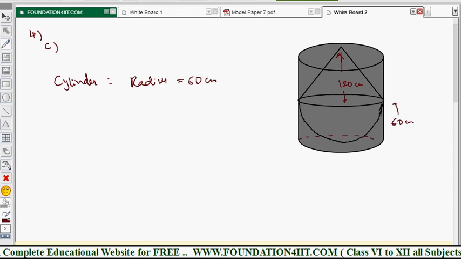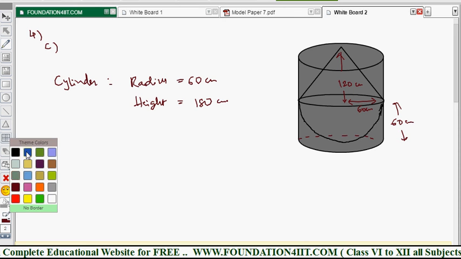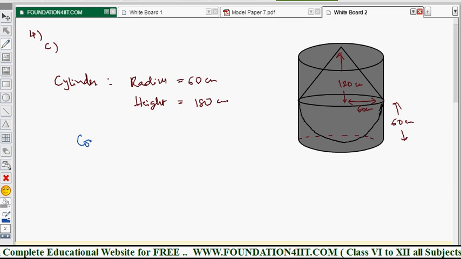This is 60 centimeters from here to here, it's only the radius, so this is also 60. Right. So radius is 60 centimeters and height is equal to 180 centimeters. This is for the cylinder.